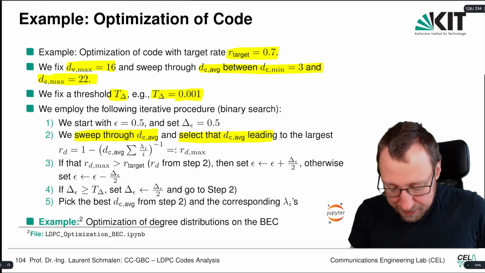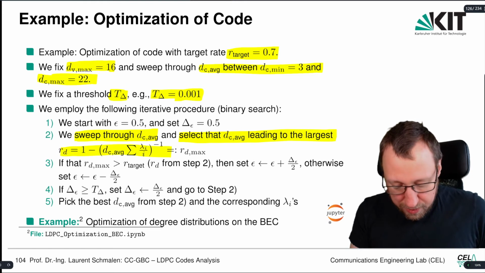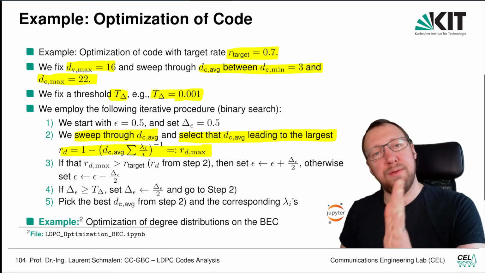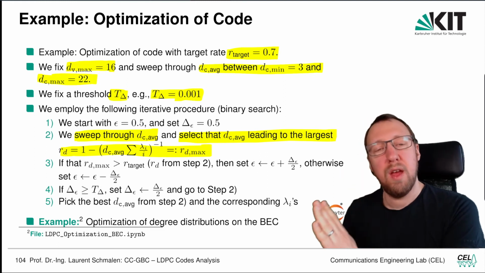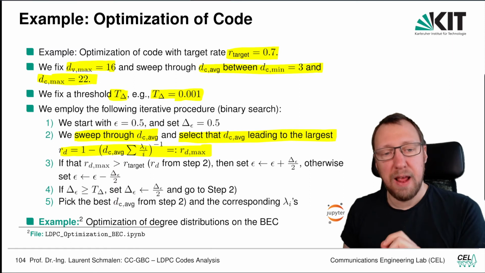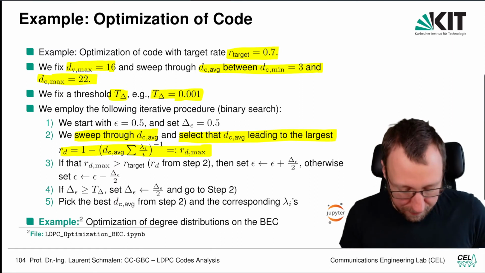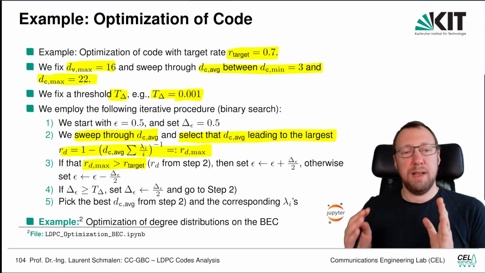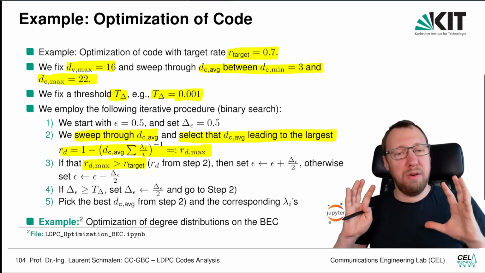So we select the DC average leading to the largest rate. We carry out the optimization for every DC average and pick the one that leads to the largest rate. And if this rate is larger than the target rate, it means we can put more information into our code rate.